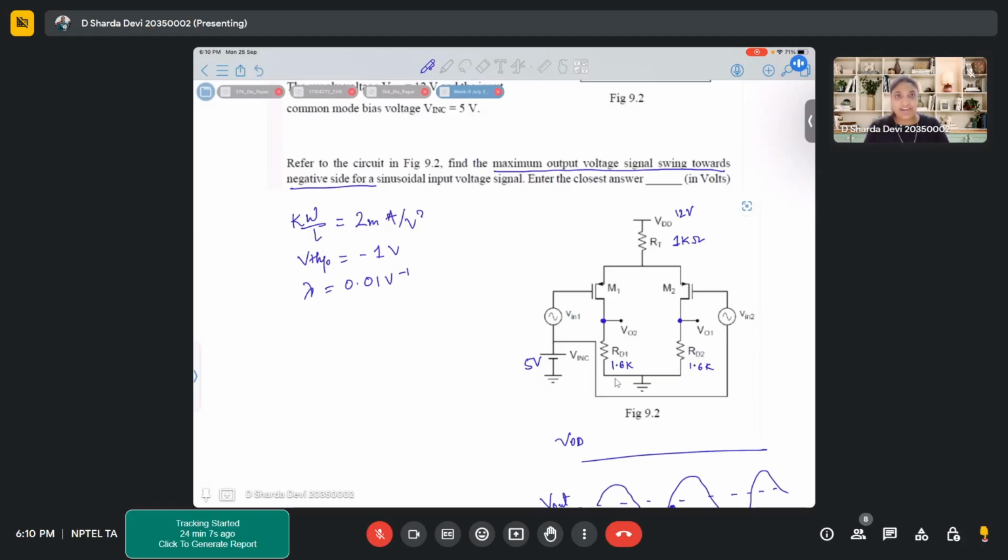But how would you find it, or how can you represent Vout1 and Vout2? Isn't it the voltage which is dropped across this RD1 and RD2, because there is a ground connected there? So whatever is the voltage drop across RD1, can I name it as Vo2? And similarly, the drop across RD2, I can name it as Vo1. Can I do that?